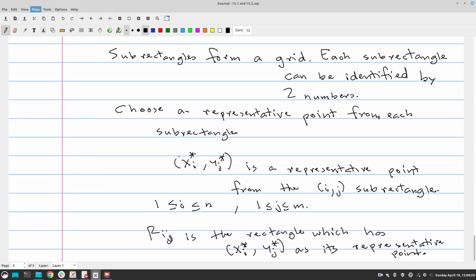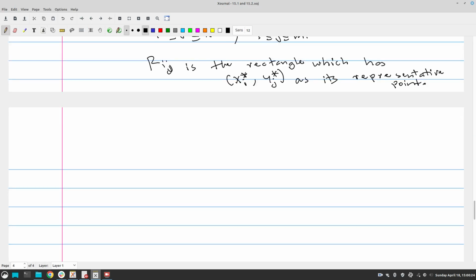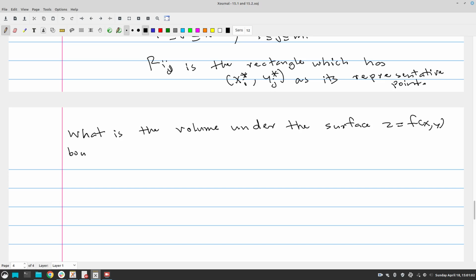Now the question is, what is the volume under the surface z equals f(x,y), bounded below by the rectangle Rij?